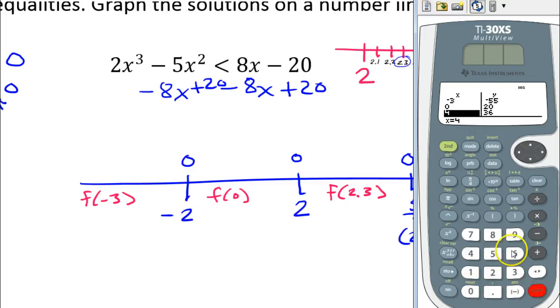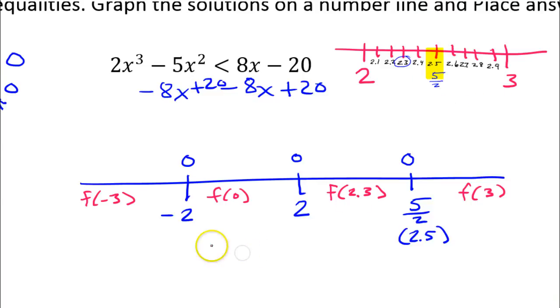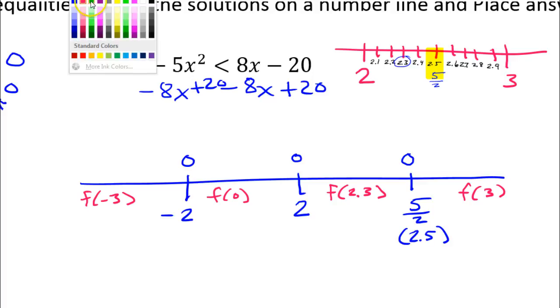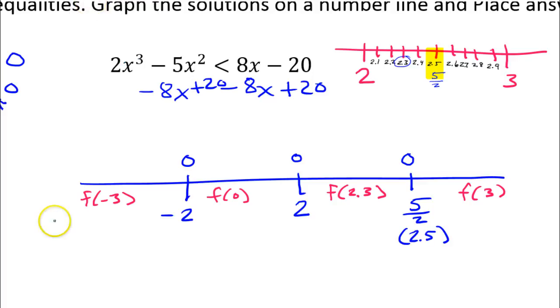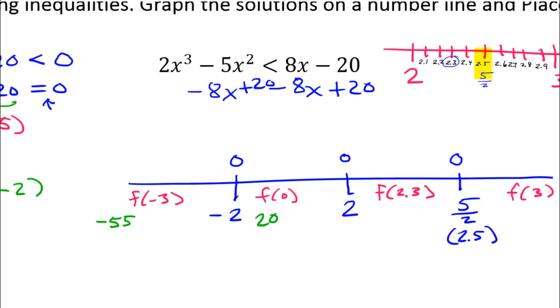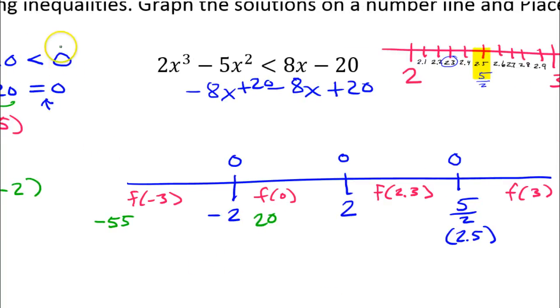Just getting rid of that. We'll deal with that later. So we have -3 and 0. That's -55 and 20. And again, we're trying to find out, are these values less than 0?